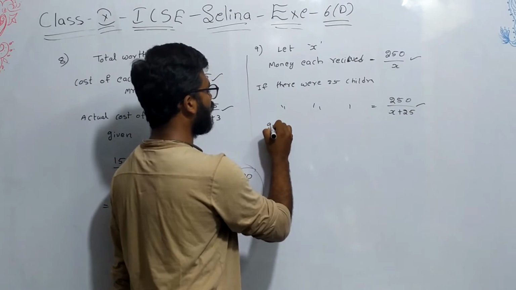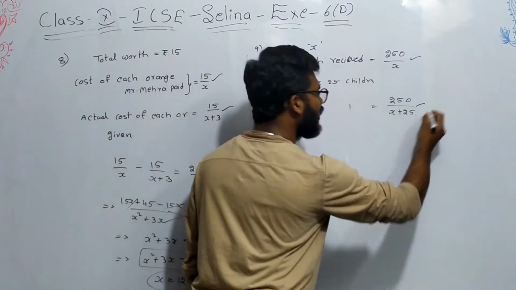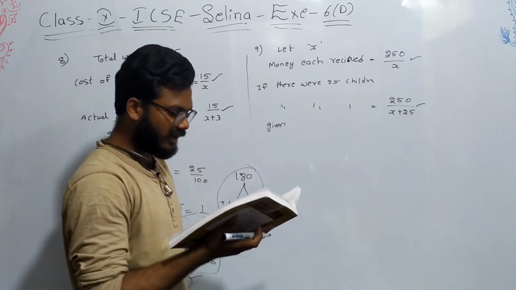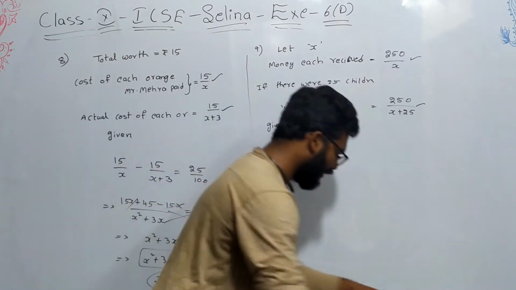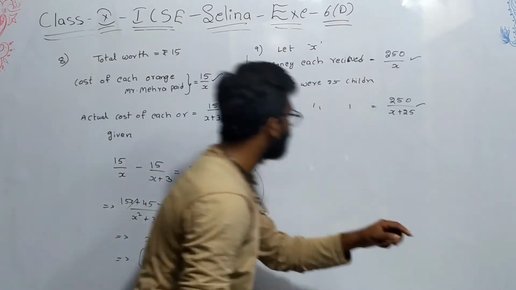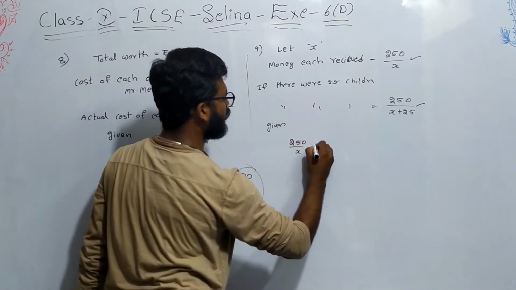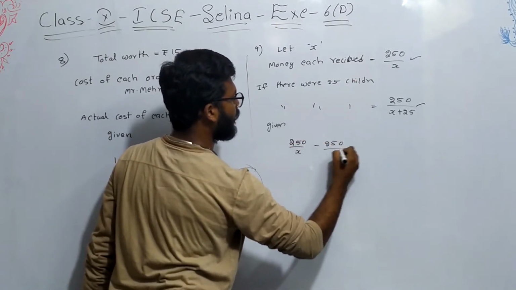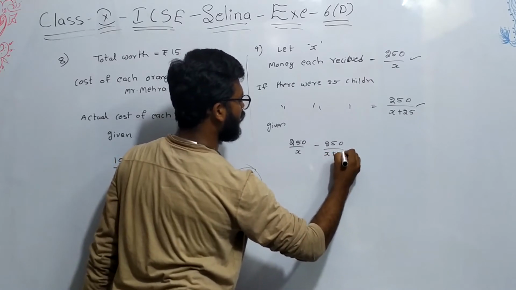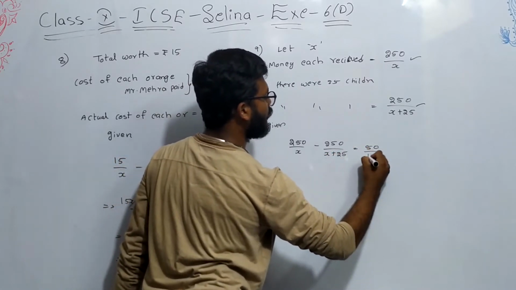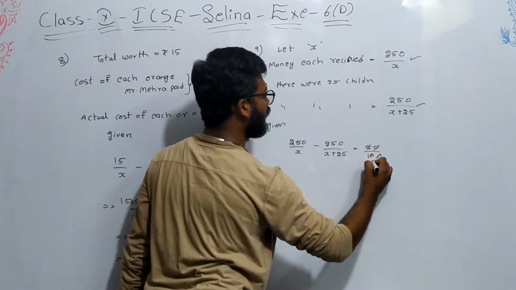Now, what do they give? If there are 25 children more, each will receive 50 paise less. So 50 paise less, so it is paise, right? So the difference between these two is 50 paise, it is in rupees, so 50 by 100, that is 1 by 2.